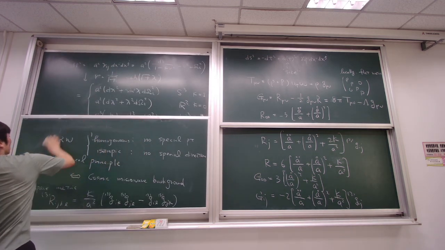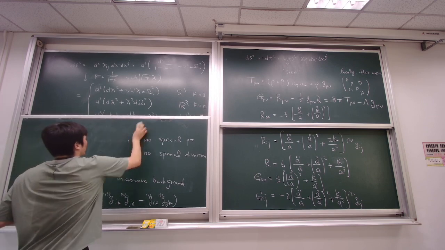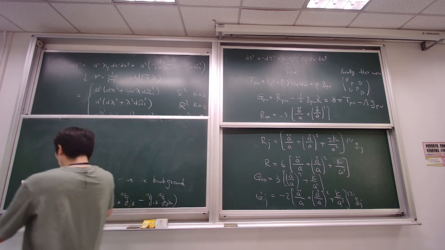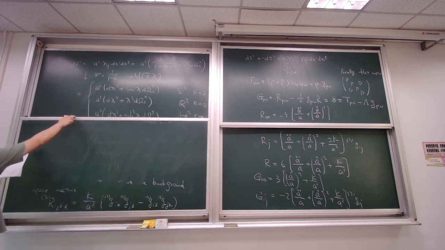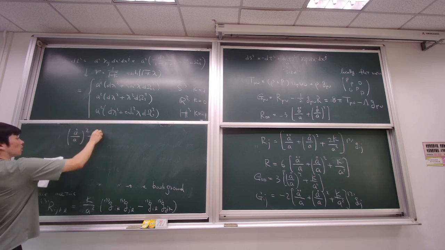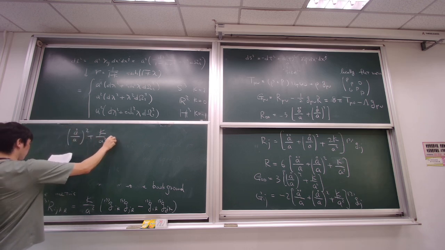And evaluate the right-hand side, and consequently we get the Einstein equation for this homogeneous isotropic universe, which is something like this one: K over A squared.